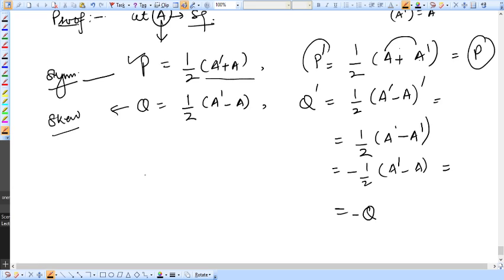If you add these two matrices P plus Q, what will you be getting?